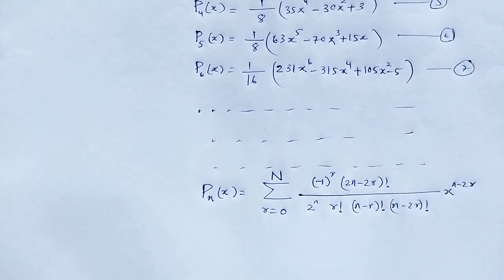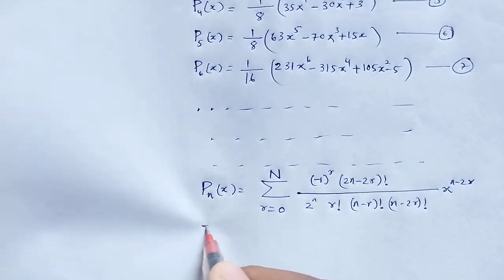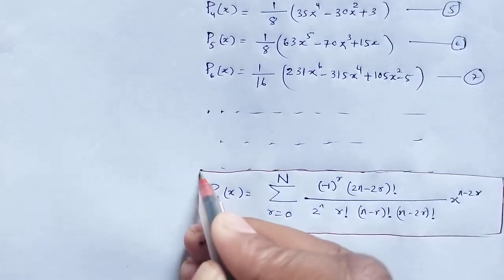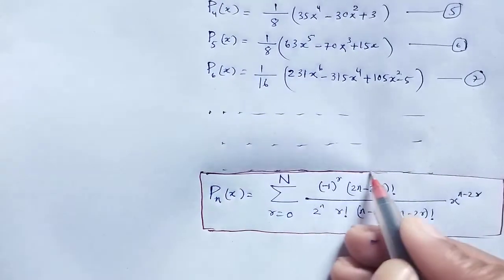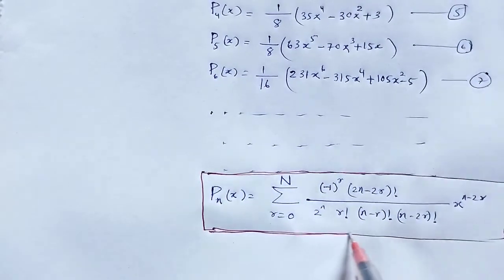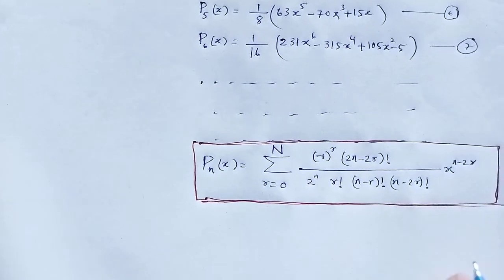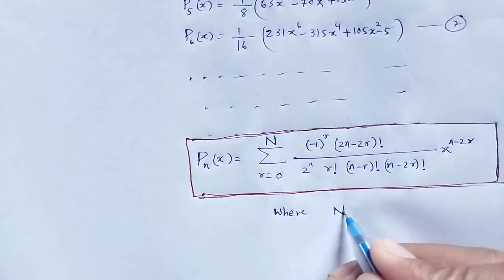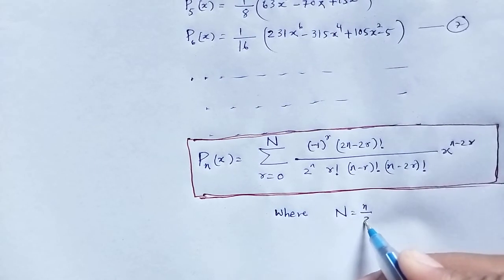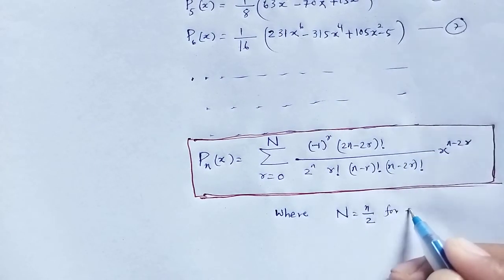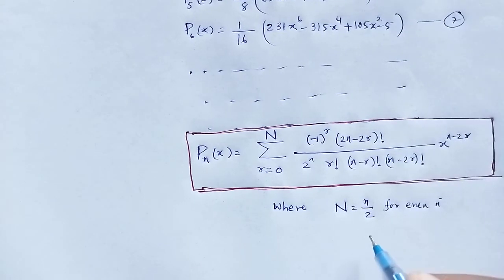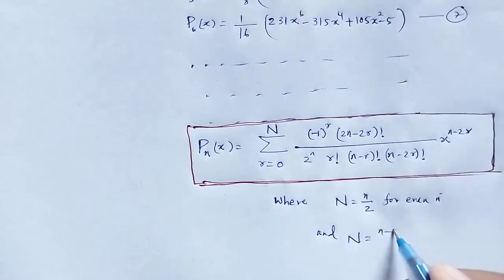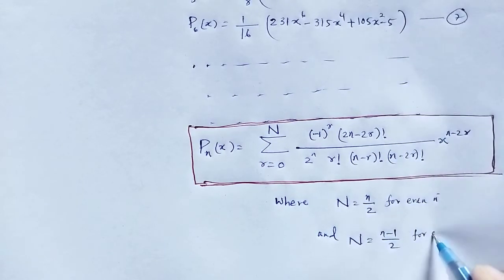This is the general formula to derive all types of Legendre polynomials. Here, n is equal to small n by 2 for even n, and n will be n minus 1 by 2 for odd n.